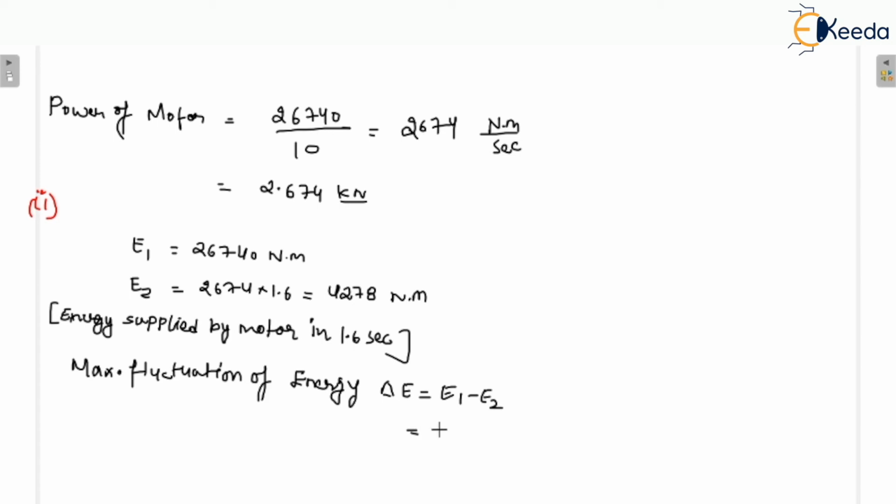E1 is the energy required, that is 26740 minus 4278, and you will get the value of delta E, that would be 22462 Newton into meter, that is the energy supplied by the flywheel. And we are close to the answer.